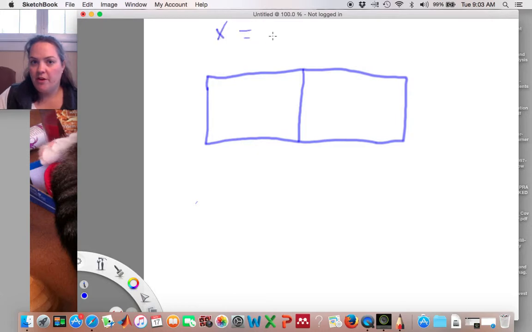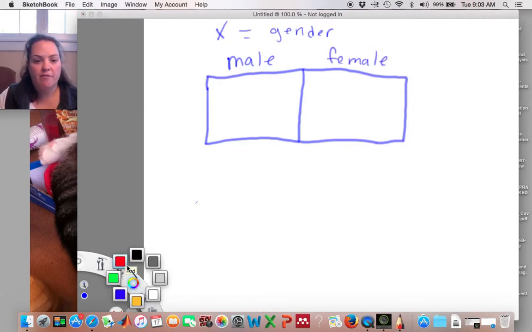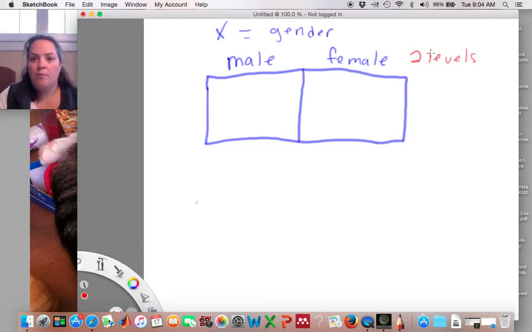Well, our independent variable would be gender, right? Because that's what we're manipulating, that's what we're changing, either male or female. So our independent variable is gender. Within that variable, we have 2 levels, male and female. Okay, so that's what we call levels.